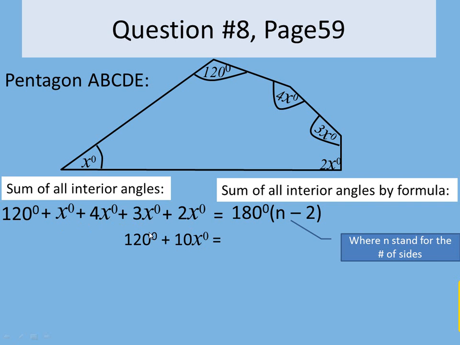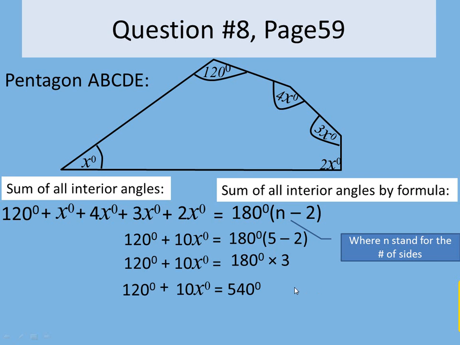Therefore we have 120 degrees plus 10x degrees. Now we substitute the 5 for the pentagon having 5 sides, and 5 minus 2 is going to give us 3, so that's 180 degrees times 3, which turns out to be 120 degrees plus 10x degrees equal to 540 degrees.